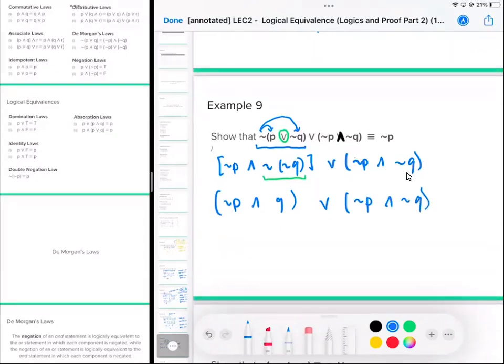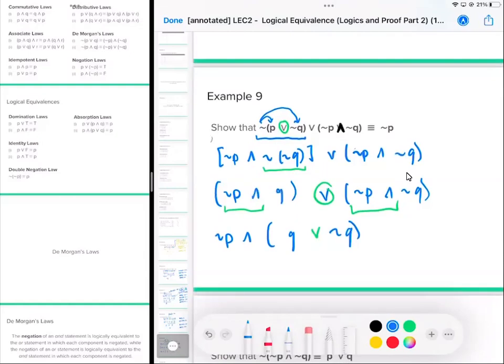We see that the not P is present on both sides. That means that we can use the distributive operator. So we have the not P and Q, copying this, or not Q.